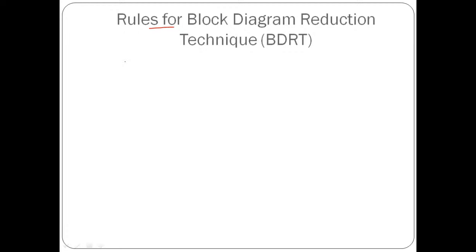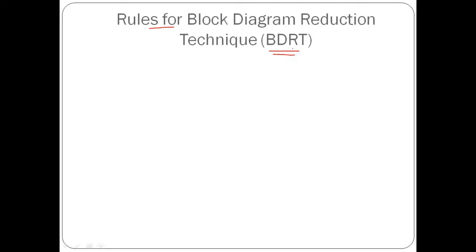So how to convert a complicated block diagram into its corresponding equivalent single block diagram, that we can do by applying various rules associated with block diagram reduction technique. So we are going to learn some 7 to 8 different types of rules, and the significance of each rule. For example, if you have two or more than two blocks connected in series, how to club them into an equivalent single block.